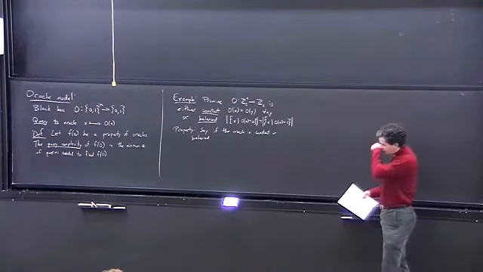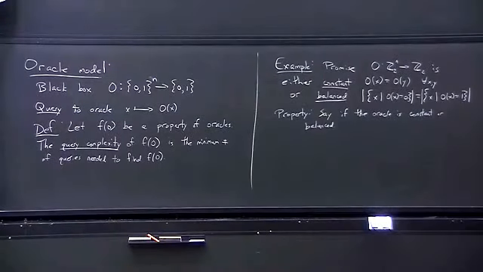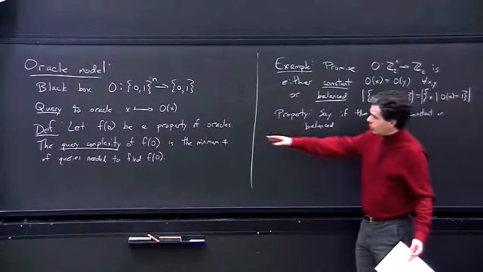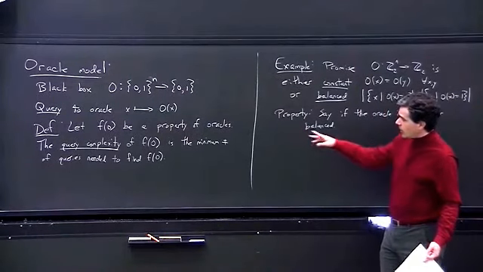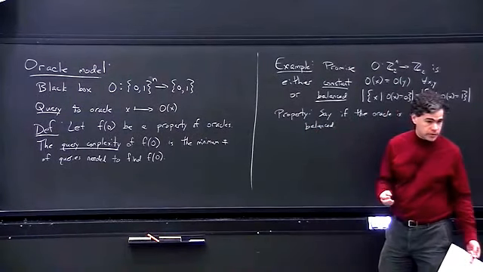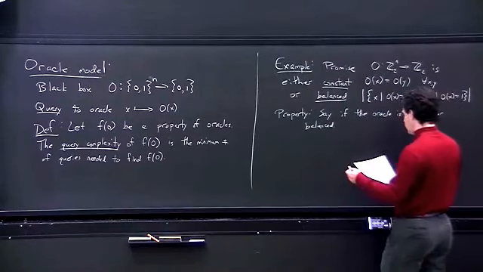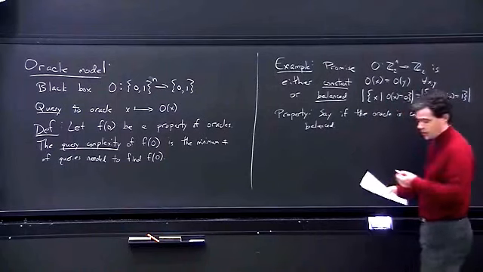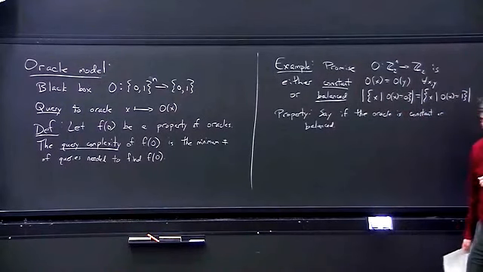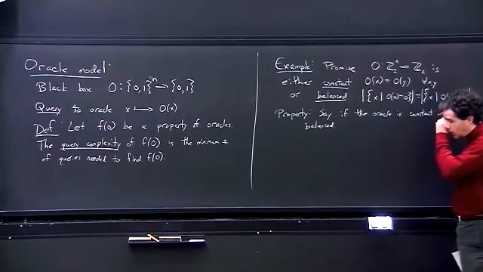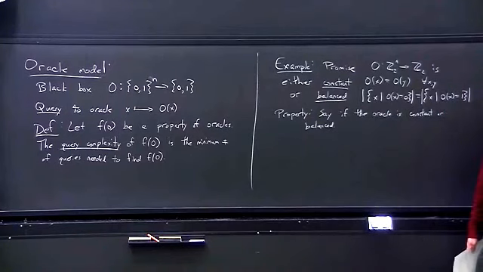Okay. Now in this Oracle model, you can talk about actually a couple of different kinds of query complexities. For this particular problem, I want to insist that the answer is always correct. So there's not going to be any randomness necessarily involved here.